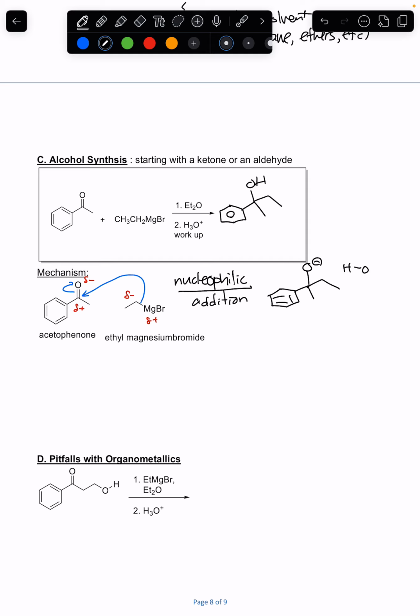Now, in the second reaction, once the proton source is added, this alkoxide can pick up a proton and become that product. By the way, if you're wondering, the counter ion here is magnesium, of course. And we are saying that this is the product of the first step. Okay.